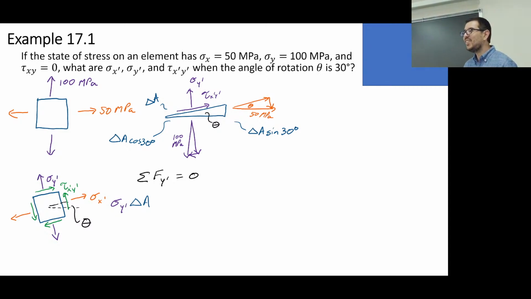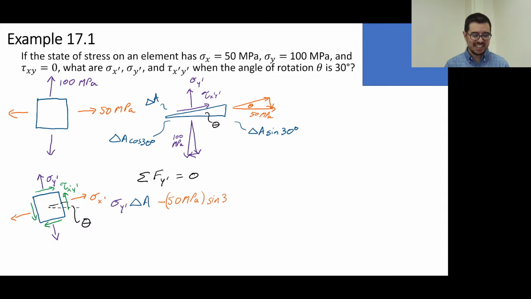Okay, go for it. So is it 50 times sine 30 times delta A sine 30? Yeah, all right, you got it. Okay, and then do you want to take us through the sigma y contribution?